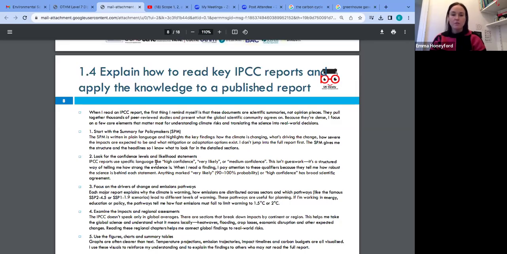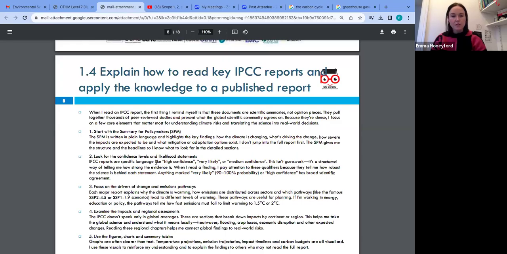So when I read a finding, I pay attention to these qualifiers because they tell us how robust the science is behind each statement. So anything marked very likely, so 90 to 100% probability, or high confidence, has broad scientific agreement across the globe. So we know that it's credible.